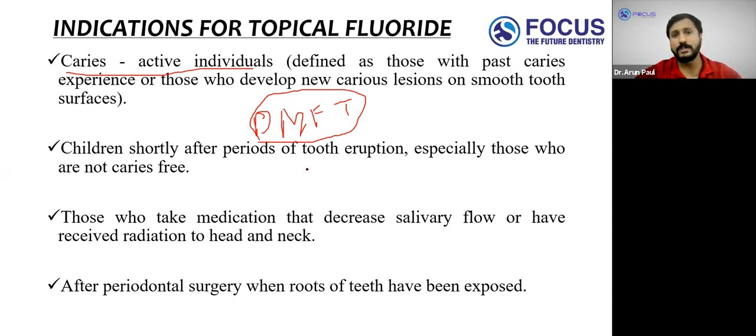Then, it has been said that the best time to apply any topical fluoride is as soon as the tooth erupts. Clear? For example, if your molars erupt at an average age of 6, the first 2 to 4 years is a very critical period where the tooth undergoes post-eruptive maturation, where the minerals get calcified and mature enough.